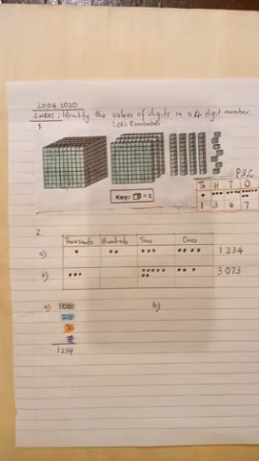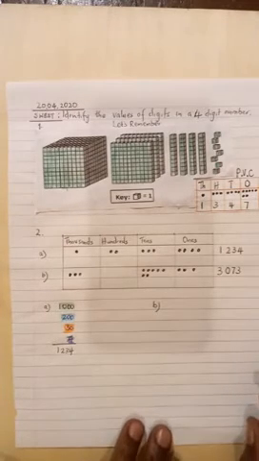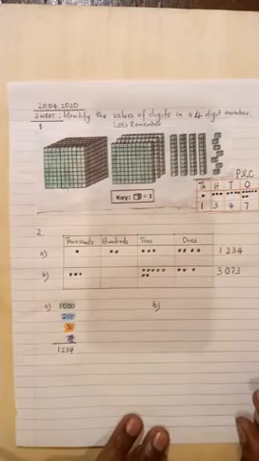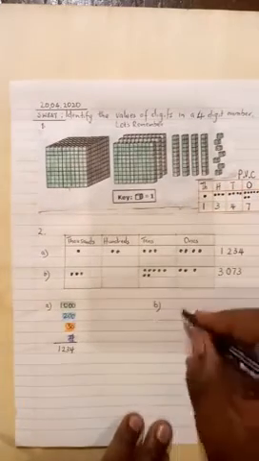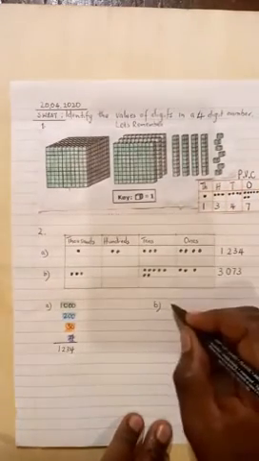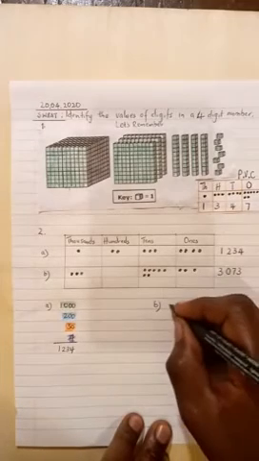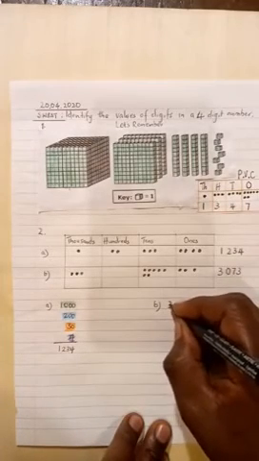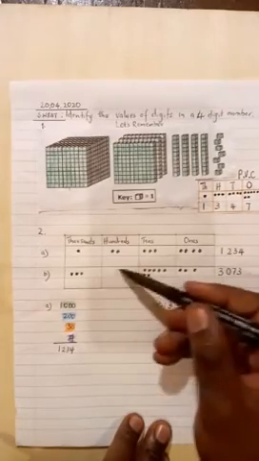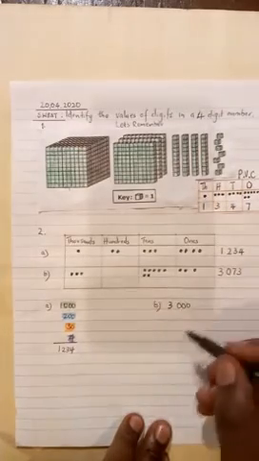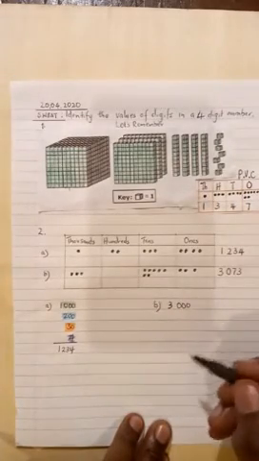And we'll do the same with 3,073, which would then say for my thousands, I've got 3 thousands. I do not have any hundreds, so I'll skip it given that it is only a 0.